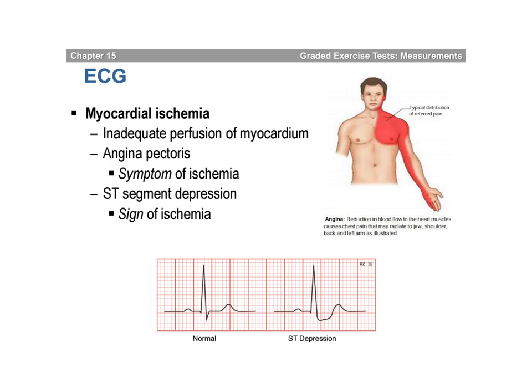Now, if the person is hooked up to an ECG machine, so they're recording the electrocardiogram, you can look at the ST segment, and a sign of ischemia is that the ST segment is depressed. So remember, we have the P wave, then the QRS complex, and then the T wave.